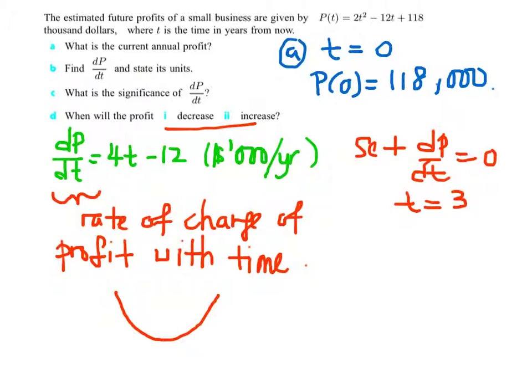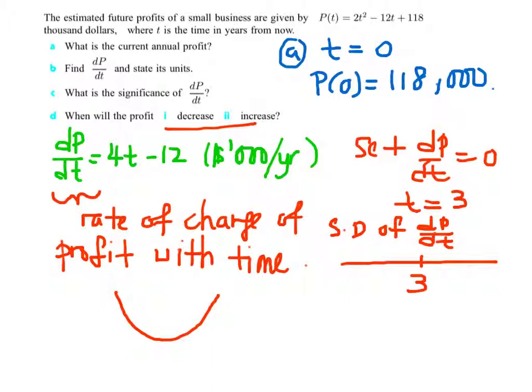So what we're going to do is draw a sign diagram of dp/dt. Here's 3. We normally check values of t.